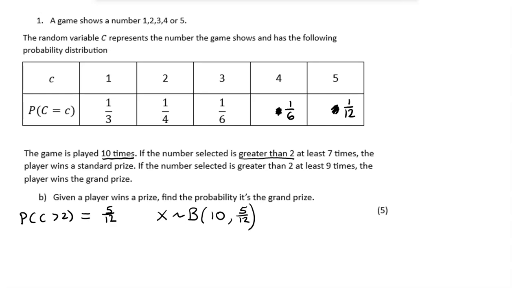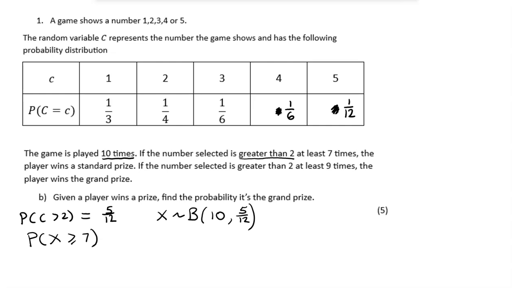So let's work out some of these probabilities, and we'll then talk about how that all comes into finding out the probability it's the grand prize, given that we win a prize. So first thing I'm going to work out is the probability of getting a number greater than 2 at least 7 times. At least 7 times will mean 7 or more.